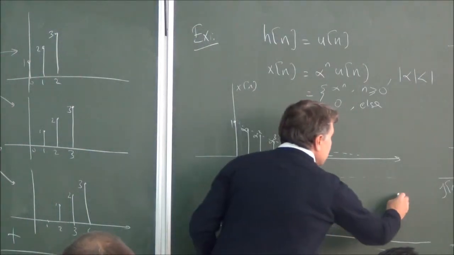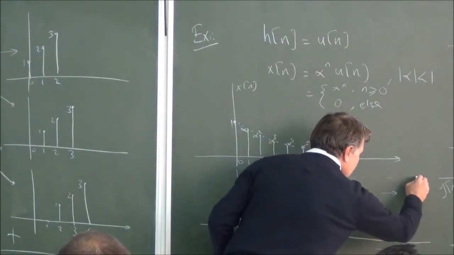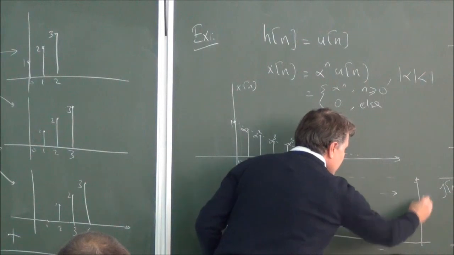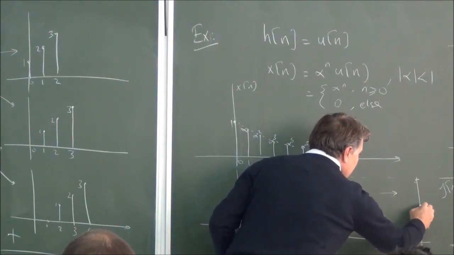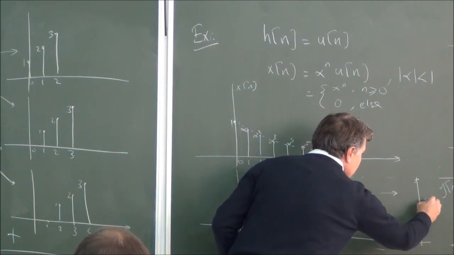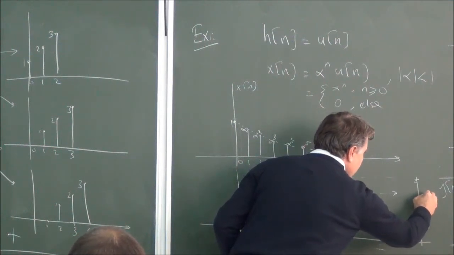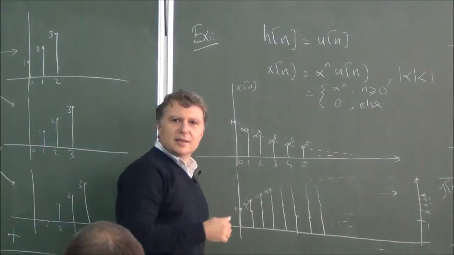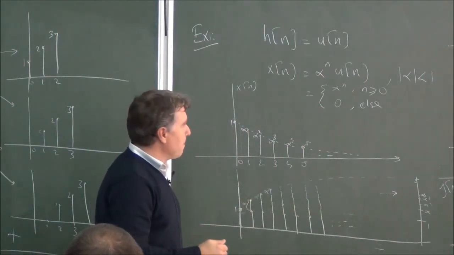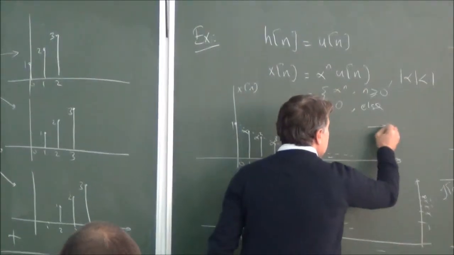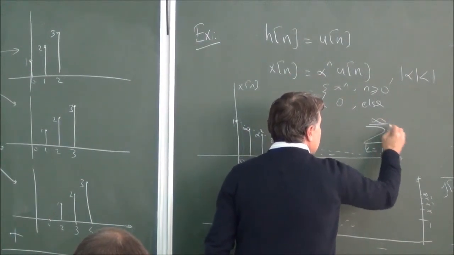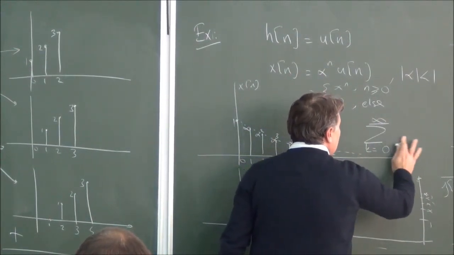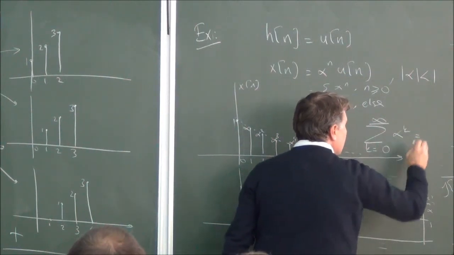That eventual value that you will have here is 1 plus alpha plus alpha squared plus alpha cubed plus alpha to the 4, etc. So it's a power series sum. It's this sum, summation k from 0 to infinity, alpha to the power k.